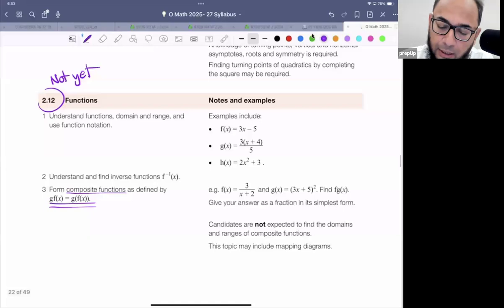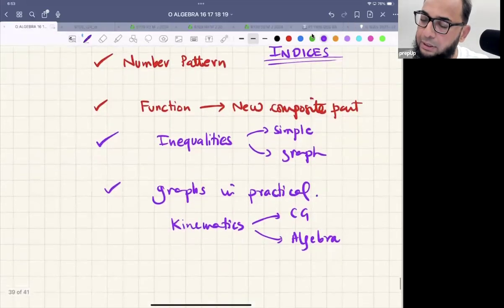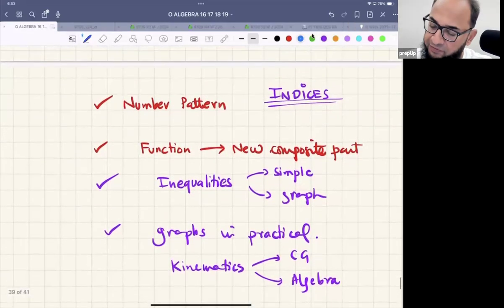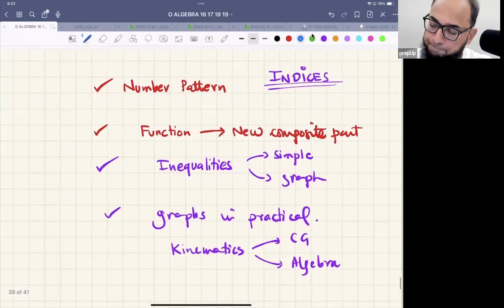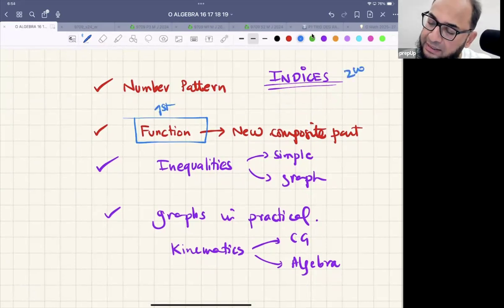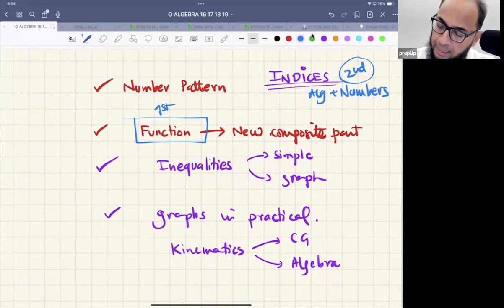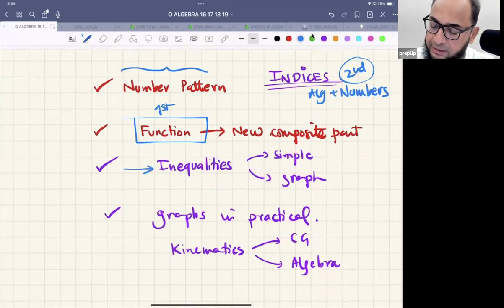So basically over here, the order in which we should go is that let's do functions first. So I think that should be first. And then let's do indices second. Algebra plus numbers, we will do both of them. And the third one should be inequalities.